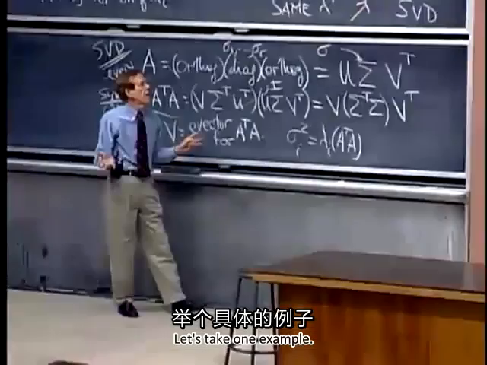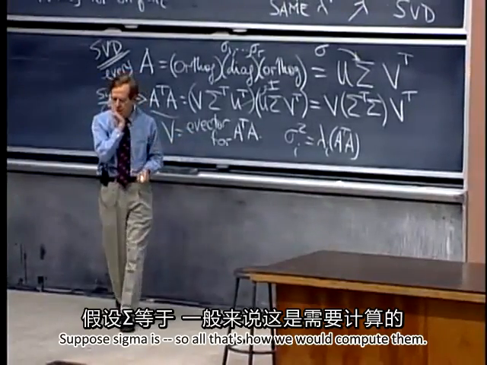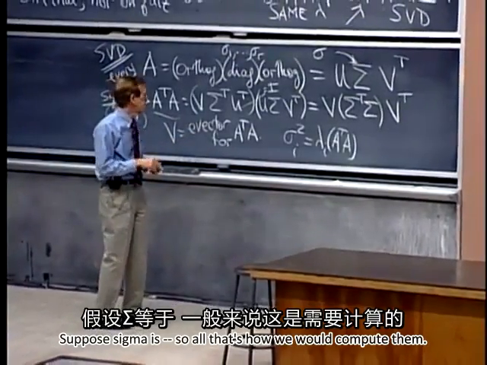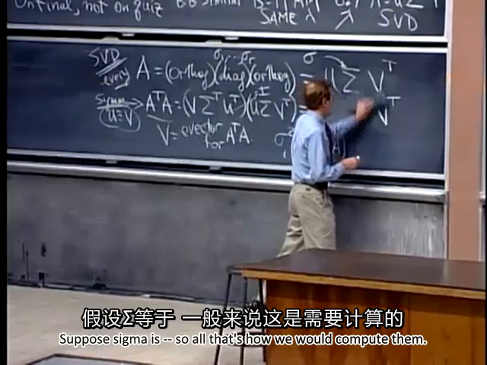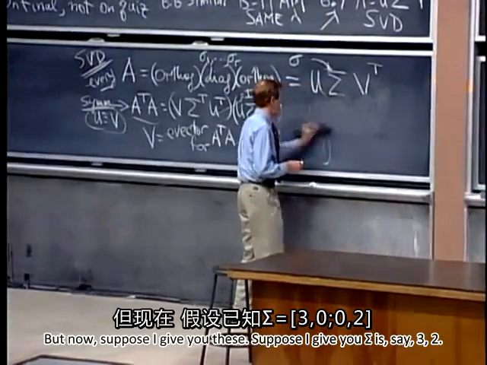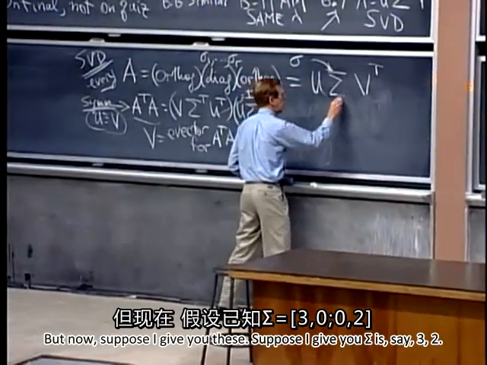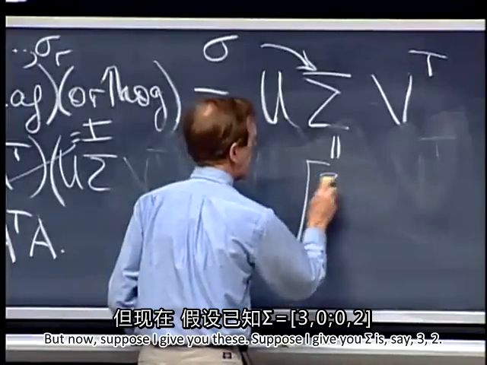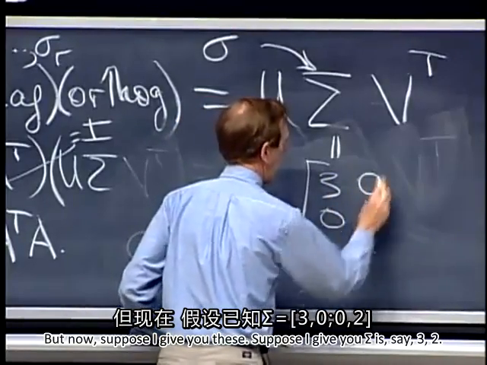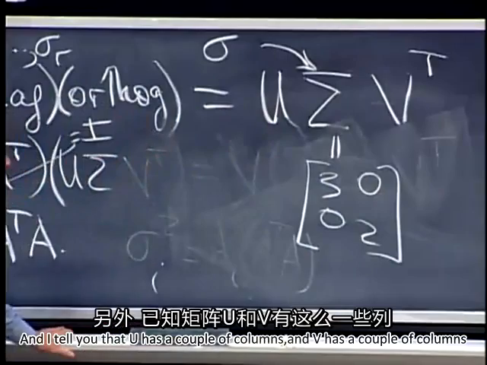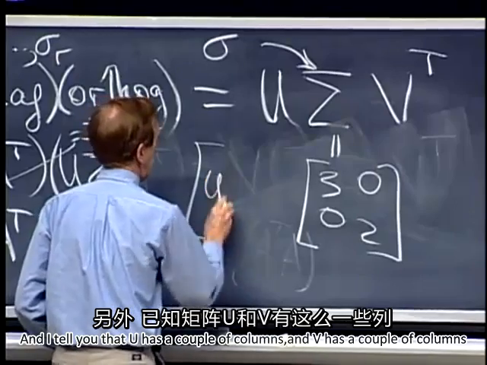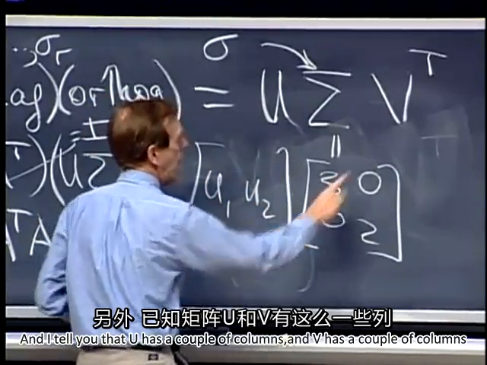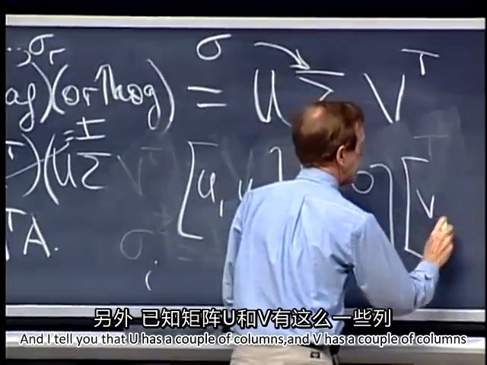Well, let's take one example. All that's how we would compute them. But now suppose I give you these. Suppose I give you sigma is, say, 3, 2. And I tell you that U has a couple of columns, and V has a couple of columns.